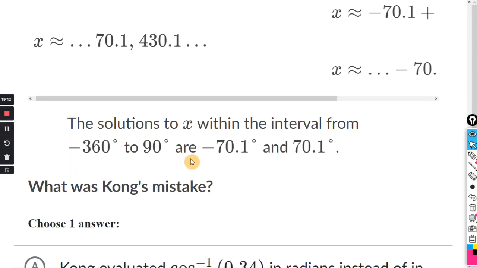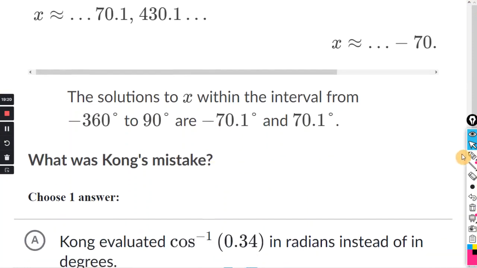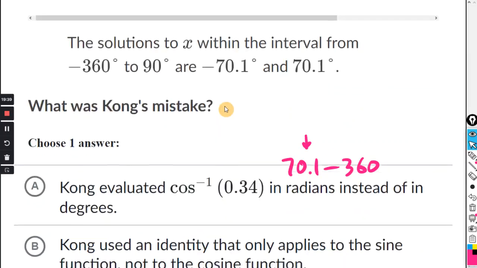All right, so here are his solutions, and we are missing the negative 289. All right, and you would have gotten the negative 289 if you applied 70.1 minus 360. So that's what's missing. So he forgot to add or subtract one of the multiples of 360.